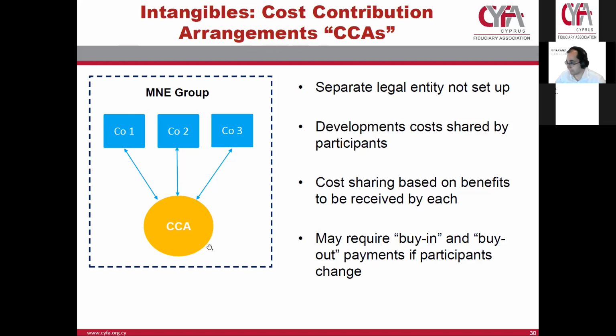And typically, a cost contribution arrangement does not require the creation of a separate legal entity, so it's just an agreement between the parties for the sharing of the costs relating to the development of intangibles. And what the OECD guidance says is that the sharing of the benefits from the intangibles should reflect the expectation of benefits when the contributions were made and the extent of those contributions.